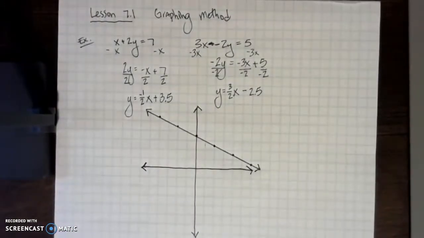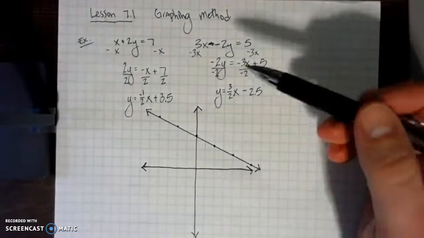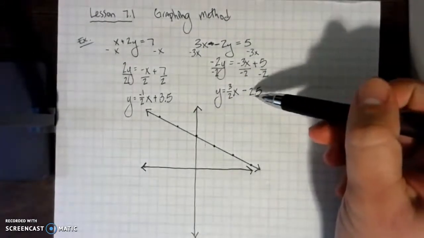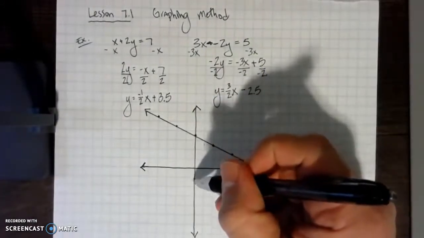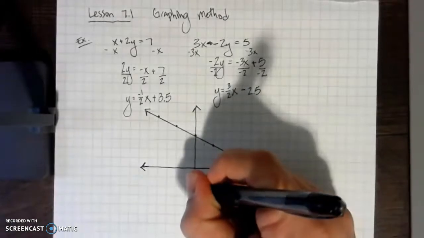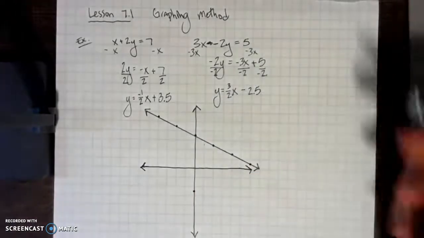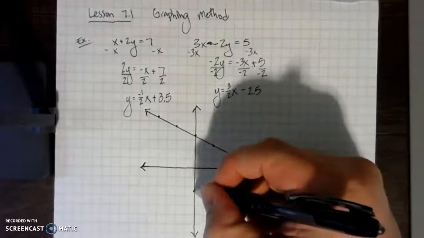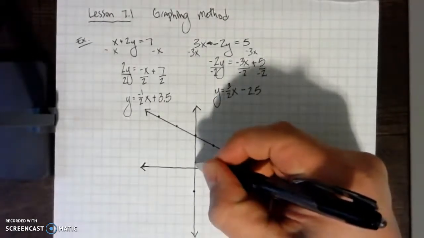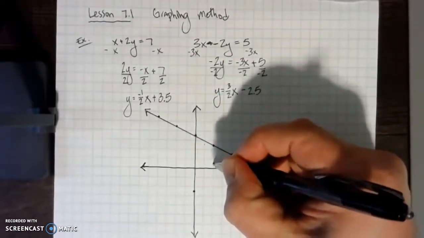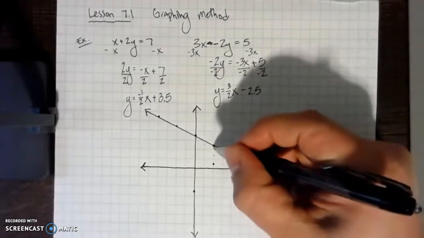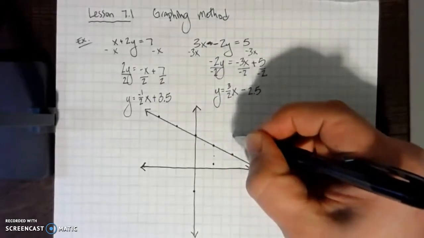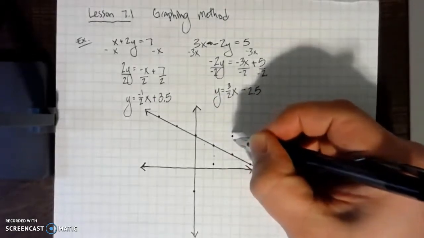Then I'm going to go to my second equation, whose y-intercept was at negative 2.5, so down 1, 2, 2.5. And its slope was rise 3, so 1, 2, 3, run 2. Rise 1, 2, 3, run 2.